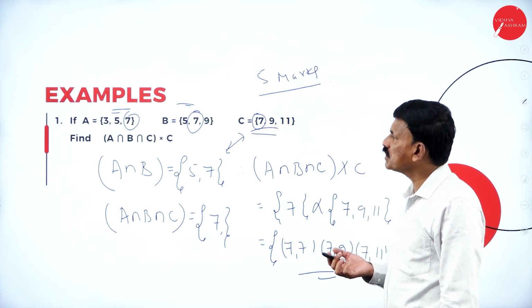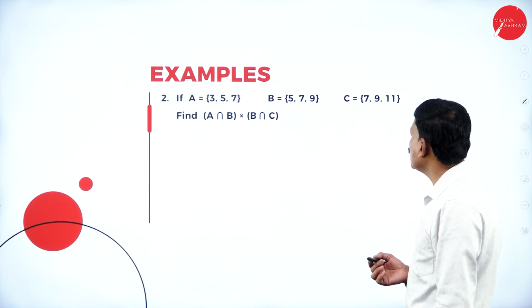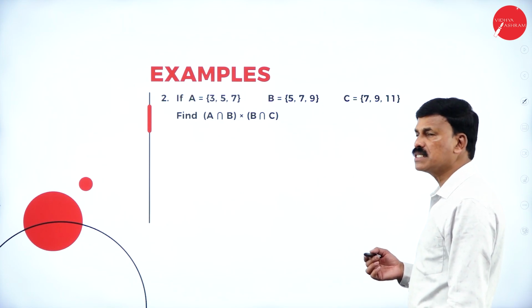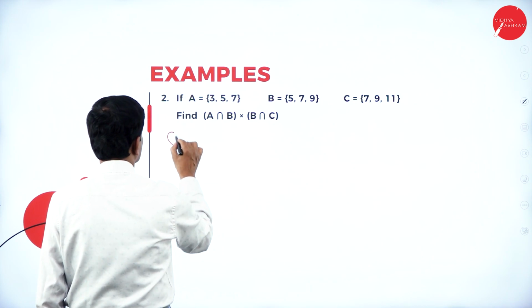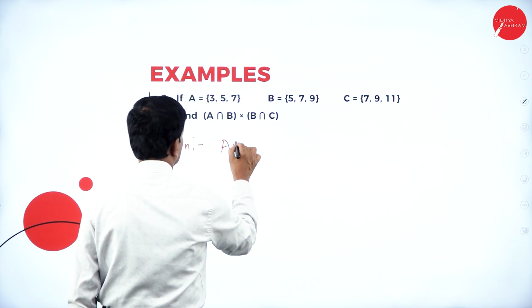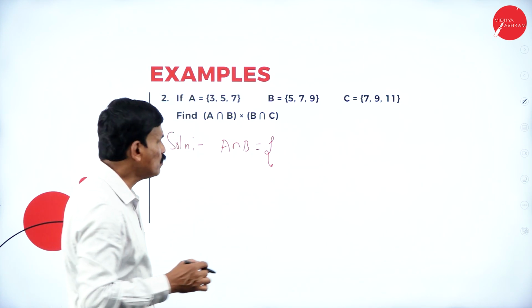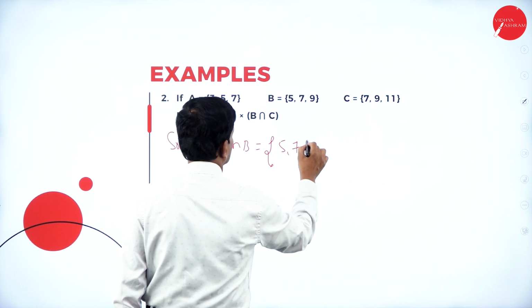Now let us take one more example. If A is equal to {3, 5, 7}, B is equal to {5, 7, 9}, C is equal to {7, 9, 11}, find (A intersection B) cross (B intersection C). Now let us first find A intersection B. The intersection is nothing but the common elements. Common in A and B is 5 comma 7.